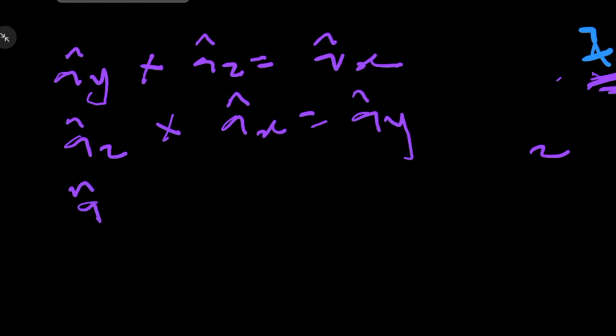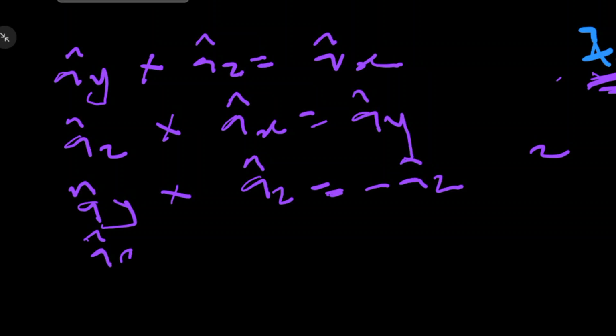And if we have x multiplied by y, we should have a new unit vector on the z-axis.